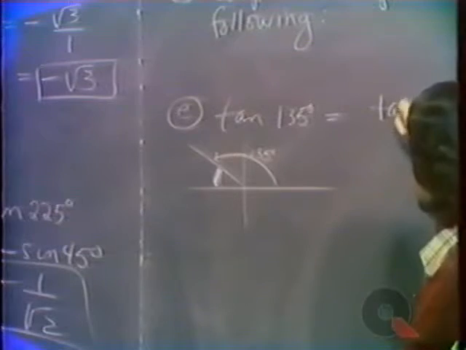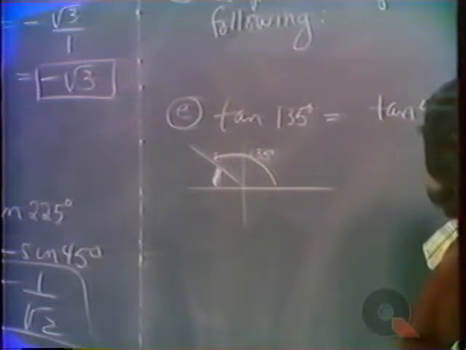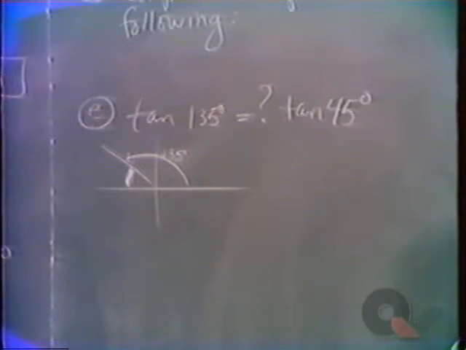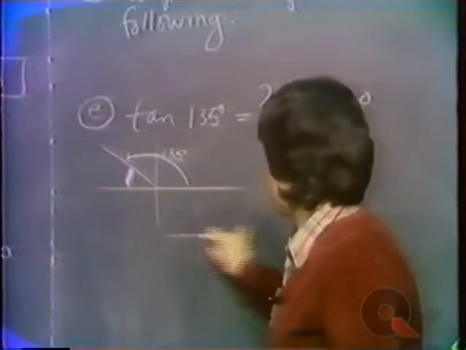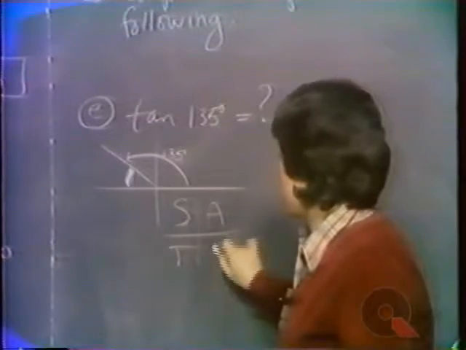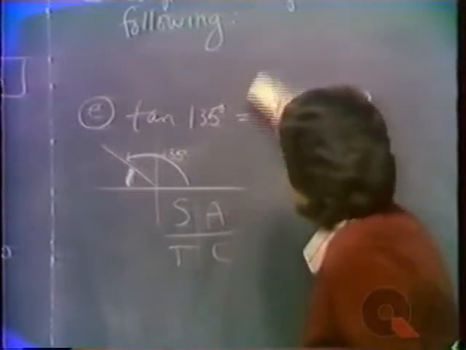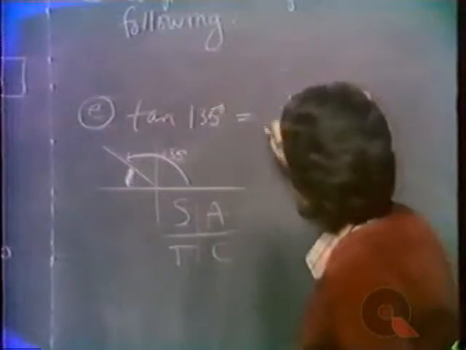So it's going to be the tangent of 45 degrees prefixed by the appropriate sign. Now we have to say second quadrant. In the second quadrant, only sine and its reciprocal are positive, so tangent is negative. We'll get negative the tangent of 45 degrees.